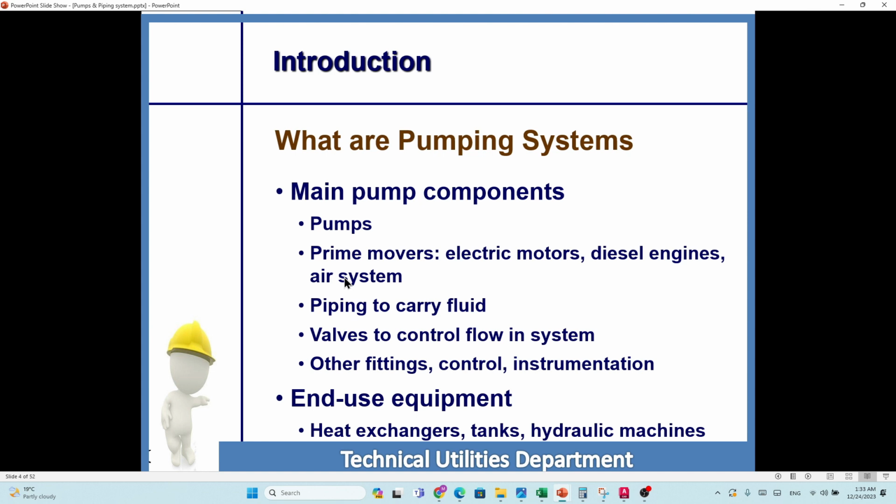We can also run this by a gas turbine or compressed air. Then the piping network, which carries the fluid, and the valves and fittings, which maintain the flow up to the requirement of flow and head, and other fittings, control instrumentation, etc.